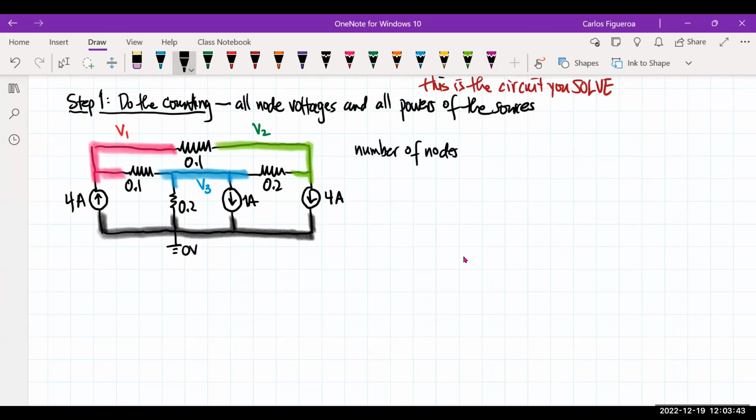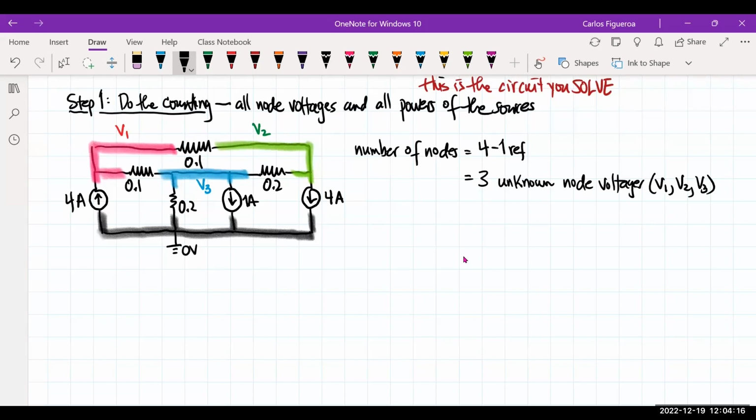When I look at the number of nodes, you can see that I have red, green, blue, and black. That means I have 4 nodes, but we know one of them, because the black node is 0. So what this really tells us is that we have 3 unknown node voltages. What are those voltages? 1, 2, 3.